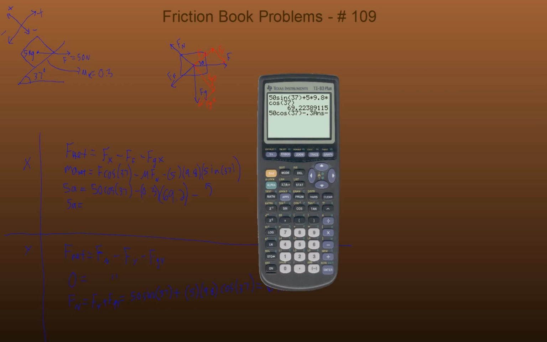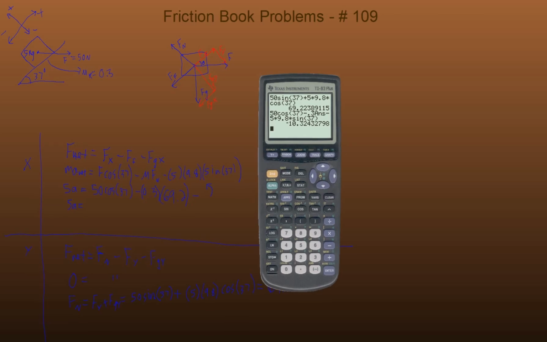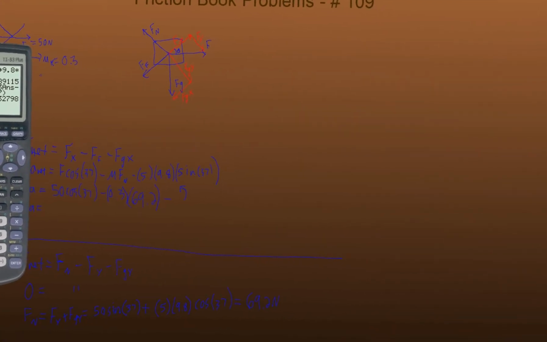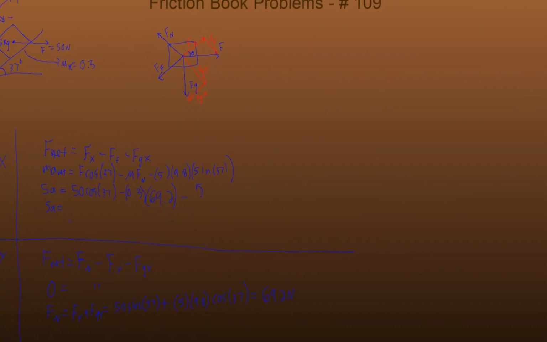And minus 5 times 9.8 times sine of 37. Bam. Ooh, negative 10.3. So it looks like the acceleration is down the ramp.